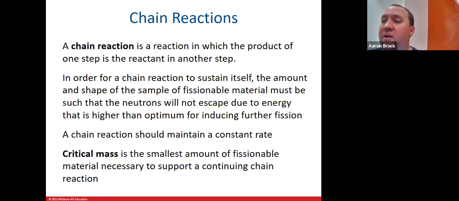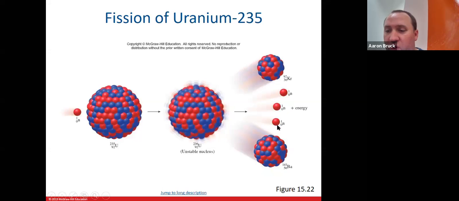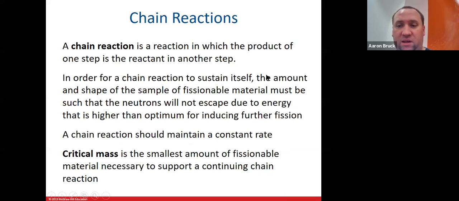If there is enough uranium present, then what we can get to happen is a chain reaction. And a chain reaction would be when those neutrons that are ejected by this reaction go out and form other reactions as a result. So in order for this to happen, you have to have enough fissile material present to get that chain reaction to occur.